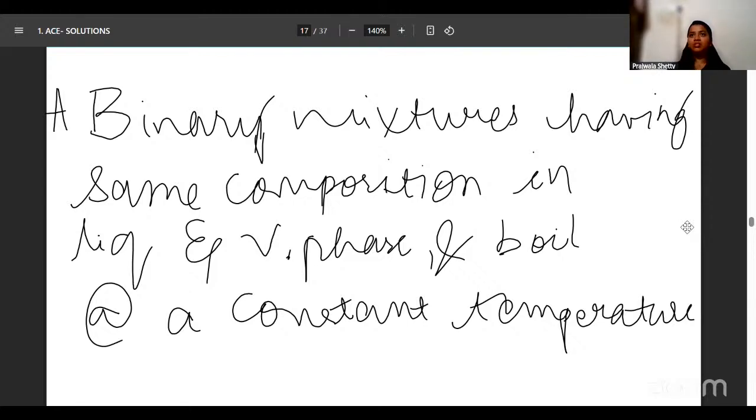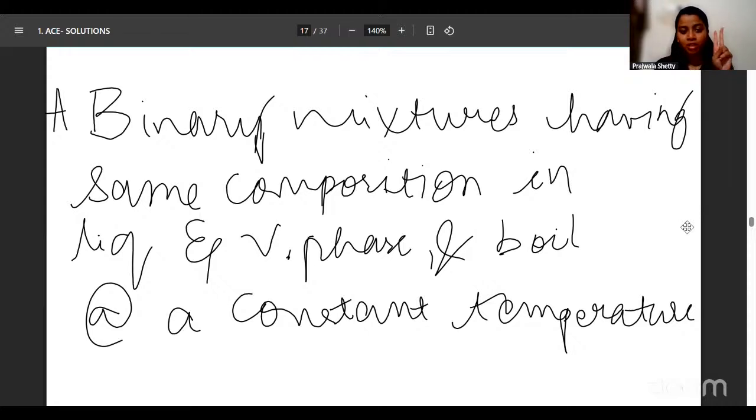Again, remember some liquids on mixing will form azeotropes. In an azeotrope solution, as I told you, it is a binary mixture.